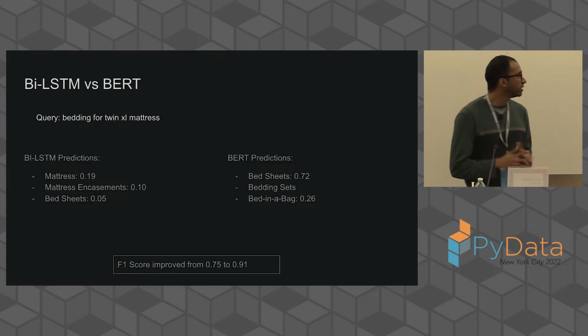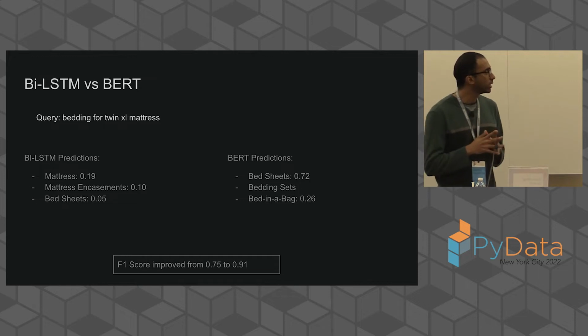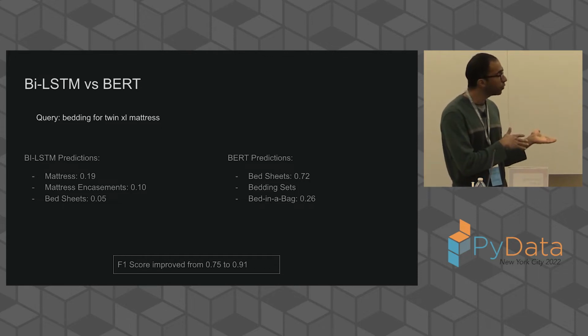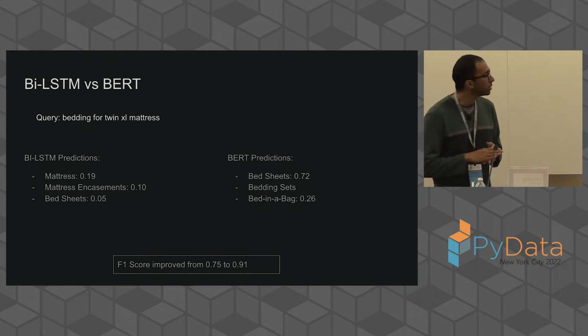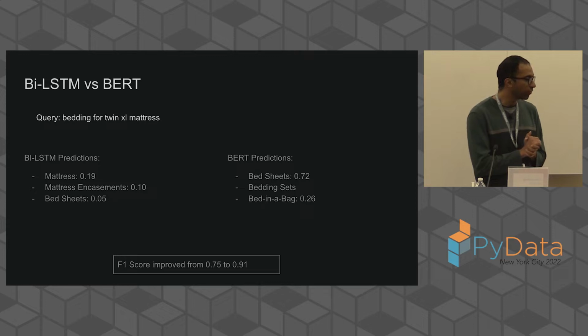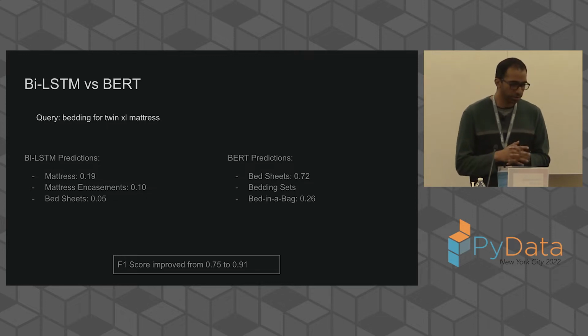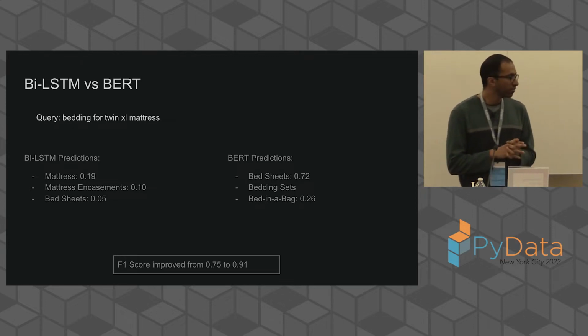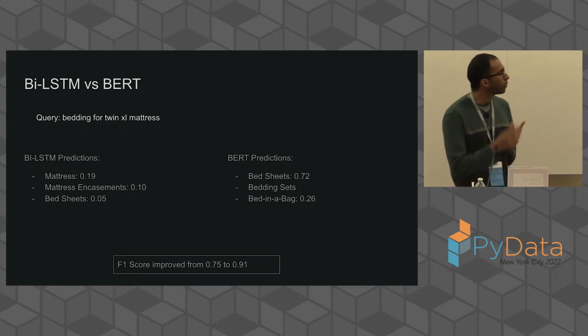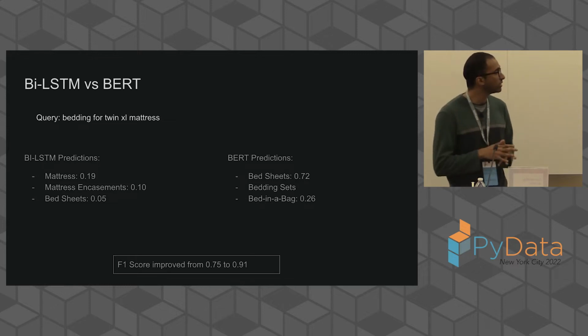This is an example of the results for the model that we had before and the BERT model that we built in our company. For a query like "bedding for twin extra large mattress", the BiLSTM model's top prediction is mattress, probably because mattress is the last token.